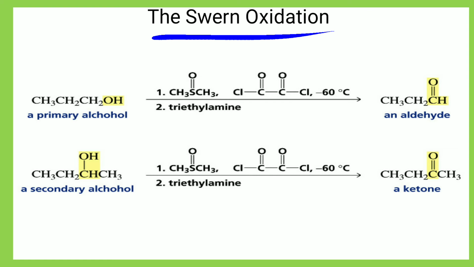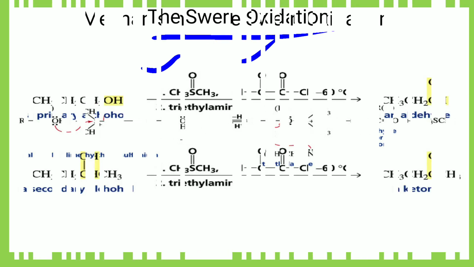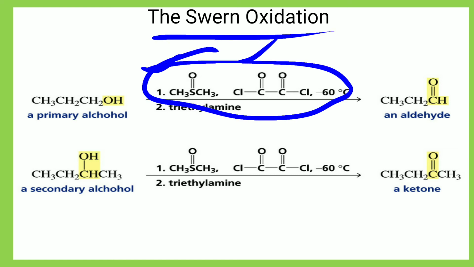These two reagents combine together, and there is a formation of (CH3)2SCl, chlorodimethyl sulfonium chloride. That means by the combination of these two, there is a formation of the oxidizing reagent, called dimethyl chlorosulfonium chloride.